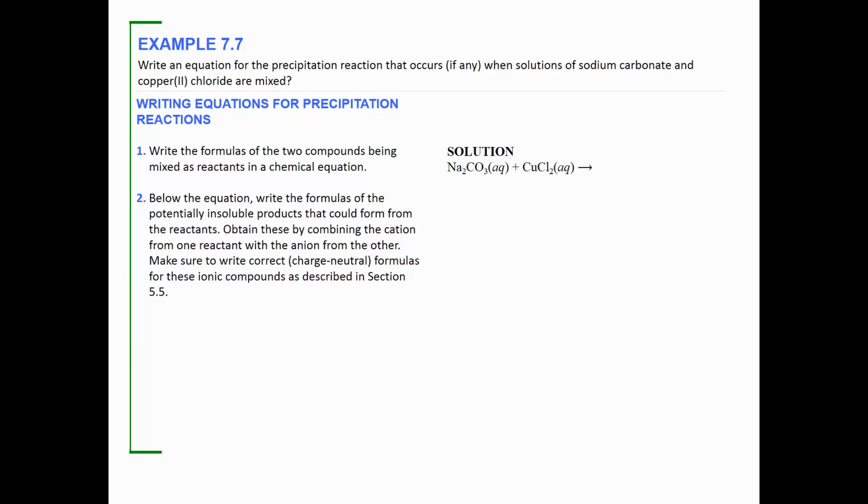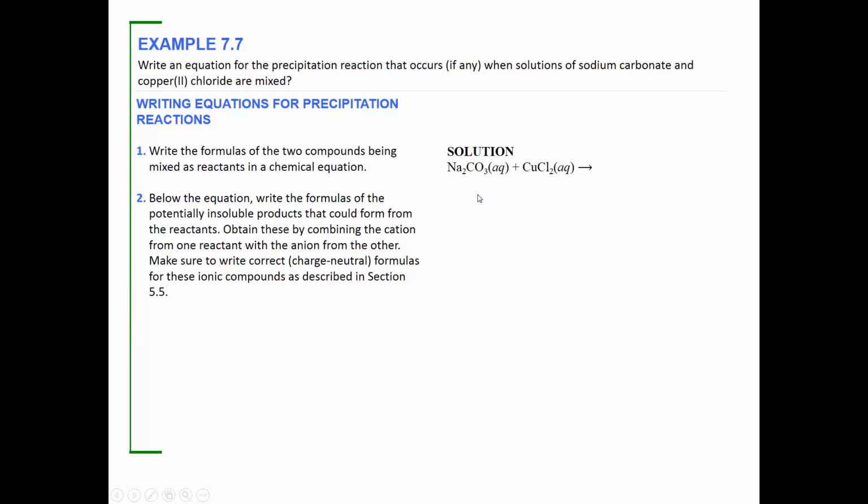Okay, second step, we think of all of the possible compounds that could form if we were to rearrange these. And for now, we'll just say, okay, maybe this cation goes with this anion, so sodium and chloride will go together, copper and carbonate will go together.